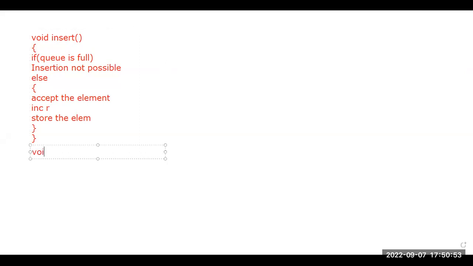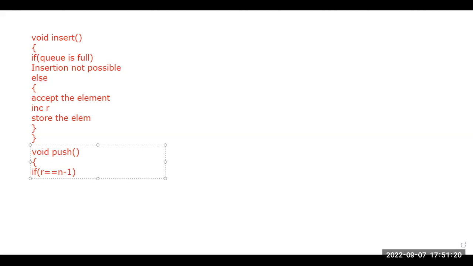Void push. Inside this, if Q is full, what is the condition? Assume that n value is 4. When exactly I can say that Q is full? Don't you think if R is pointing to n minus 1, which means Q is full?